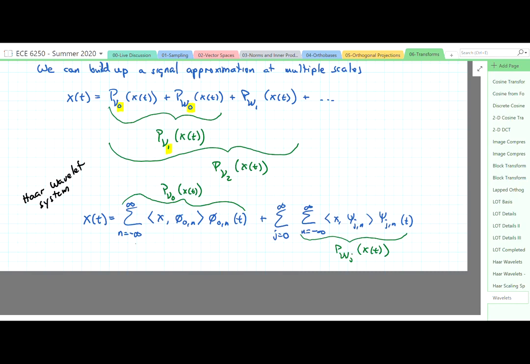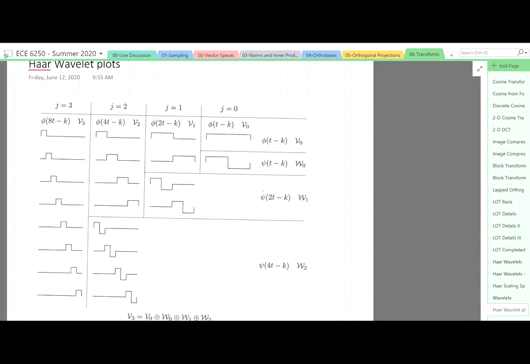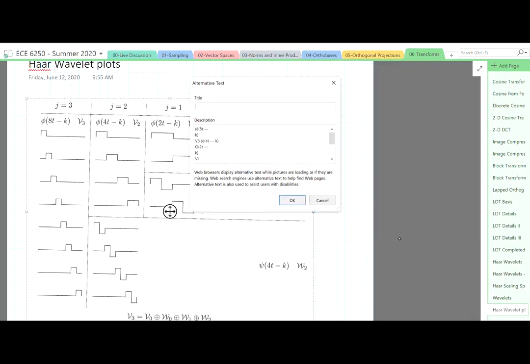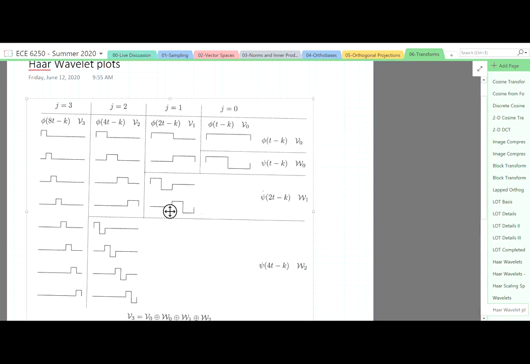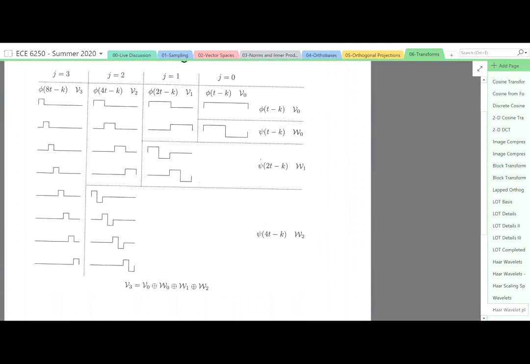So I have one plot to show you that kind of illustrates this, and then we'll call it good for this lecture. Okay, so here we go.